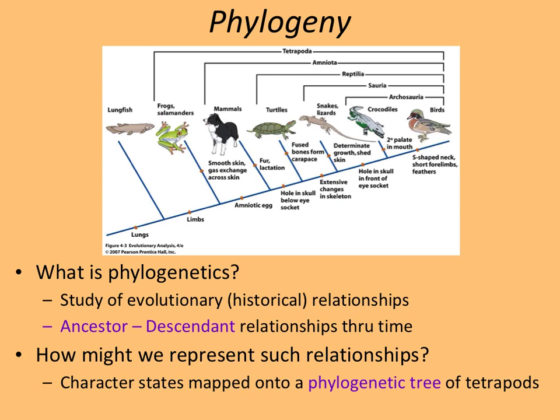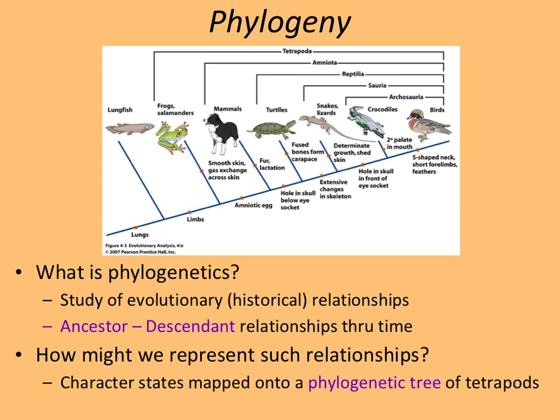So this is how we actually show evolutionary history in terms of a phylogeny. Now we actually have different kinds of these phylogenies. Some just show, like this one, relative relationships, and don't show anything about the time when things evolved.